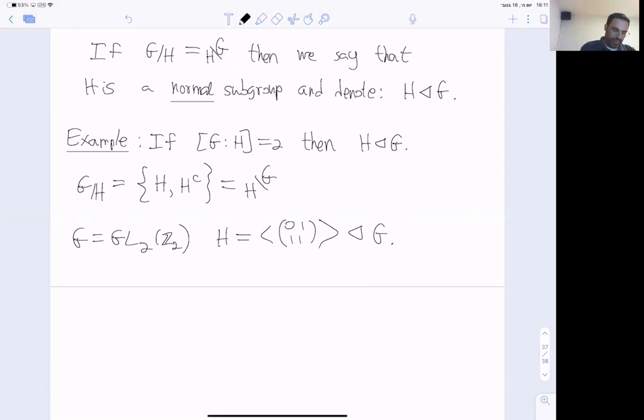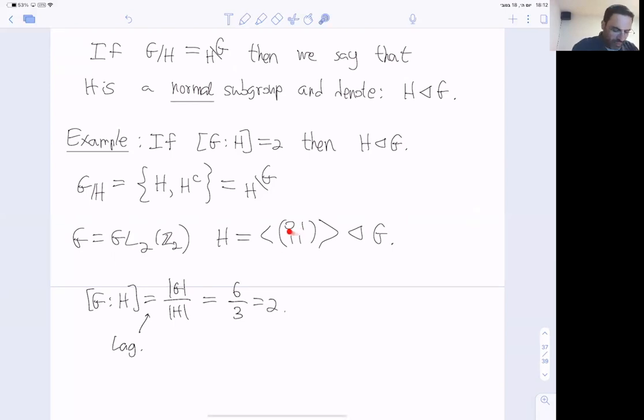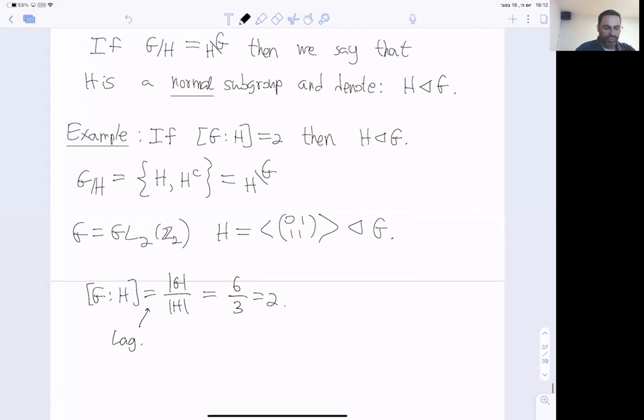It's a normal subgroup because the index of H will be the order of G over the order of H. This is Lagrange, which is 6 modulo 3, it's 2. And why is it 3? Because the order of this subgroup is 3. It's a square, it's not E. I mean, you need 3 stations to get back to E. Okay, I mean 2 other stations.